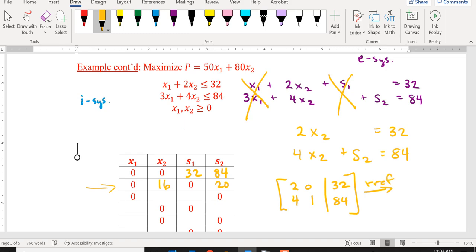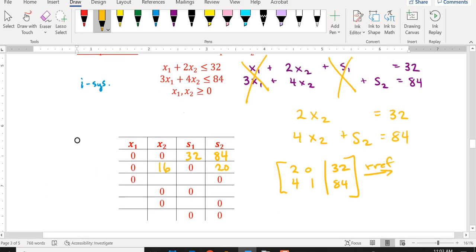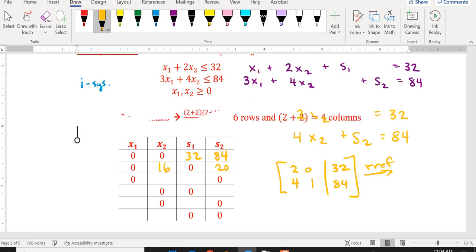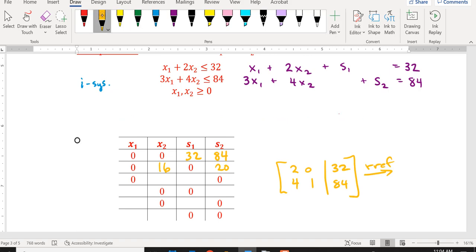Now, how many RREFs are we going to have to do? 4 more of them. That's easier than doing the whole graphing thing, right? Well, if you say so. All right. If you chose to do it the RREF way, you would have seen 1, 0, 0, 1, 16, 20. All right, go set up the matrix for the third row.